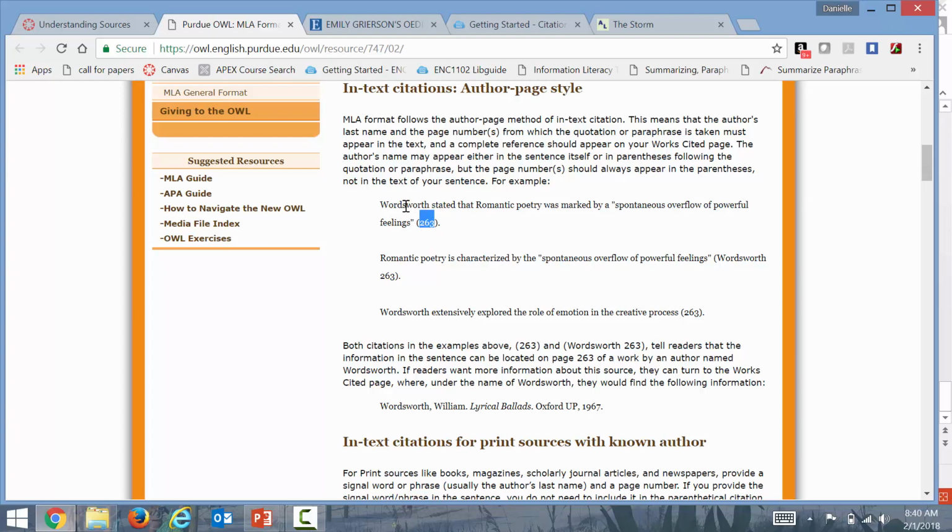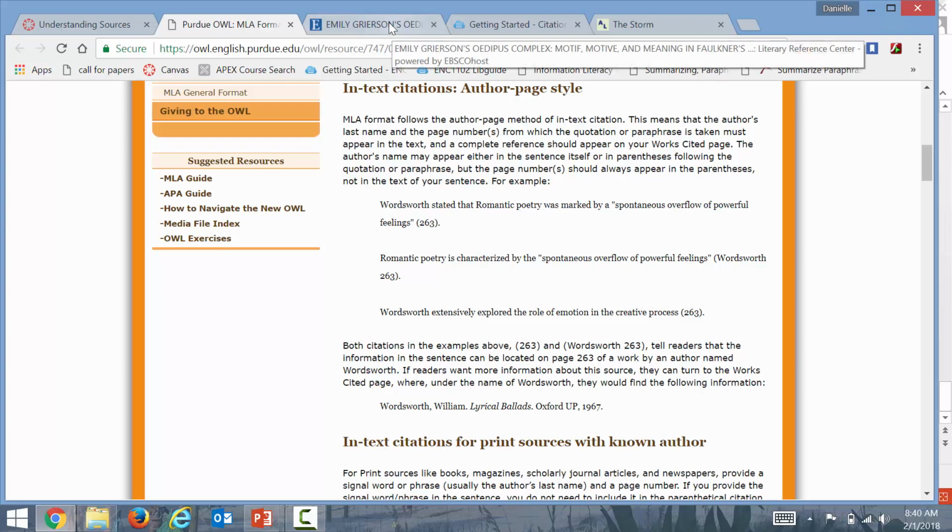You can do that either by including the author in the sentence and the page number parenthetically, or both the author and the page number parenthetically. Either one is good. And you want to do this for paraphrases, summaries, and direct quotations, not just direct quotations. Sometimes students forget that if you put an author's ideas in your own words, you still have to give them credit.